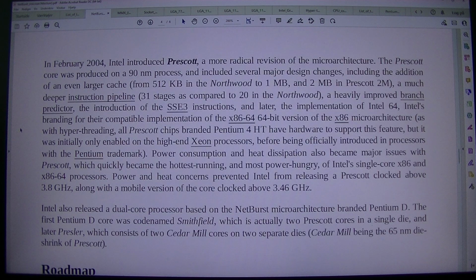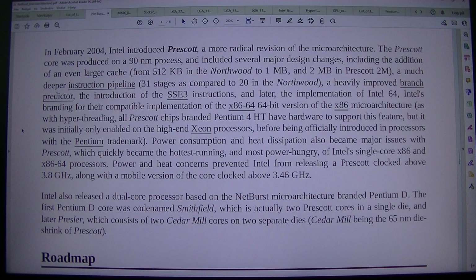In February 2004, Intel introduced Prescott, a more radical revision of the microarchitecture.